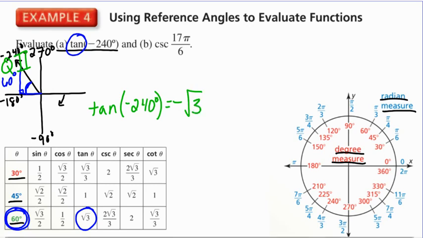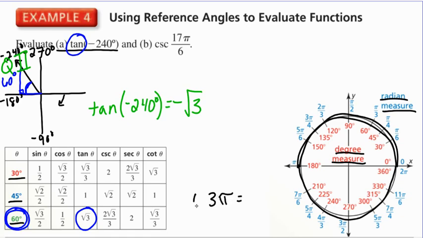For this example, we want the cosecant of 17 pi over 6. Now 17 pi over 6 is quite a bit, right? If I go to my radians around my circle, from here, I've got 1 pi, 2 pi, go again, that's 3 pi, but really 3 pi is the same as if I multiply by 6 over 6, that's going to be 18 pi over 6.